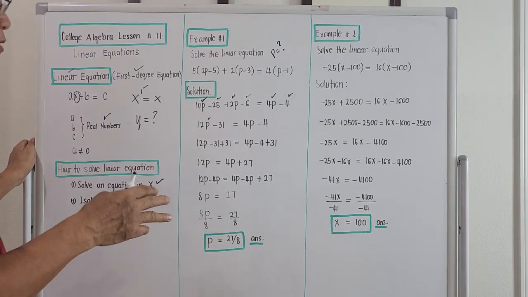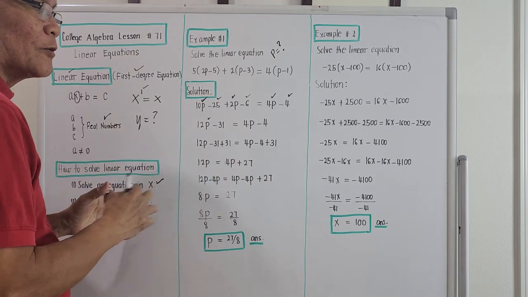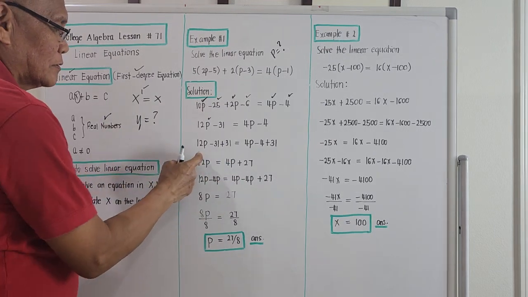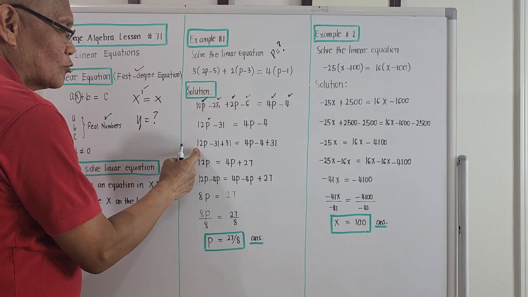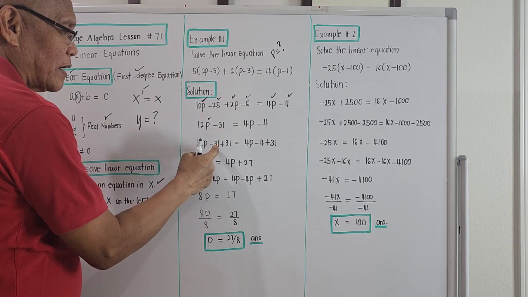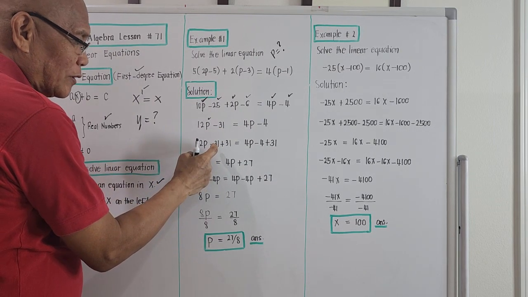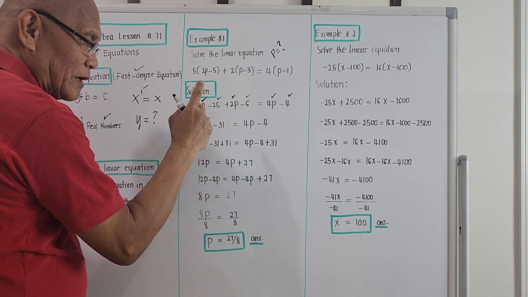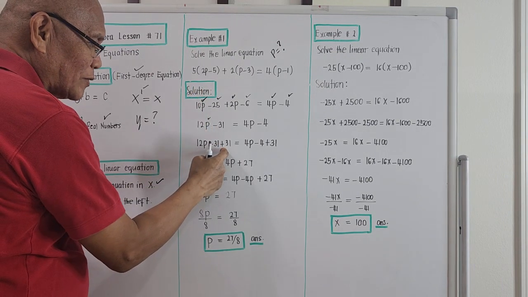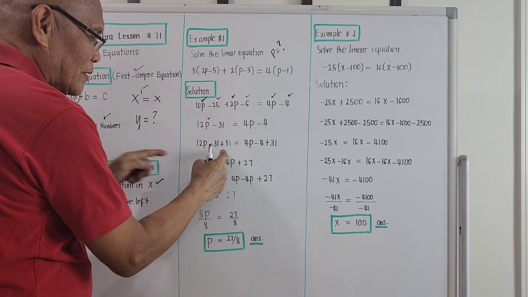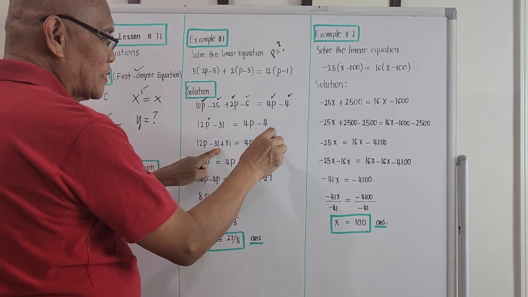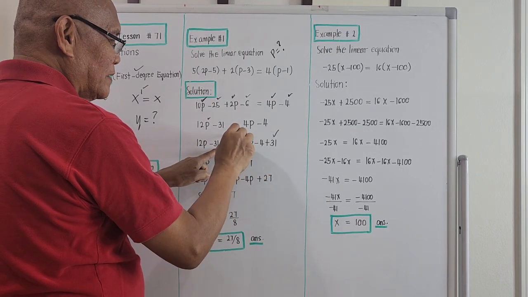Okay, let's try to clear first the left hand side of any constant. So I will rewrite 12p. I will rewrite minus 31. I would like this minus 31 to be eliminated, so I will add plus 31 here, right? So I will add also plus 31 on the right hand side.